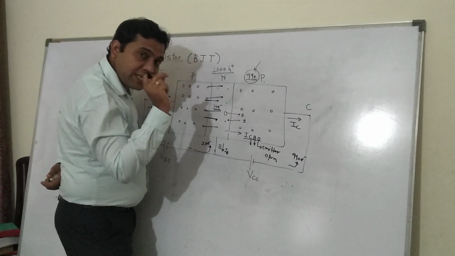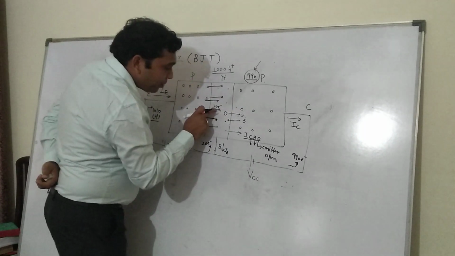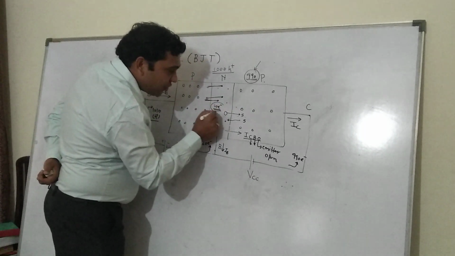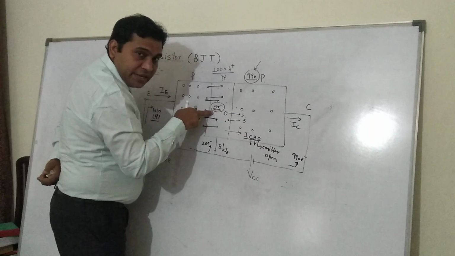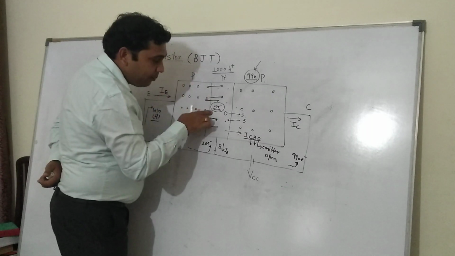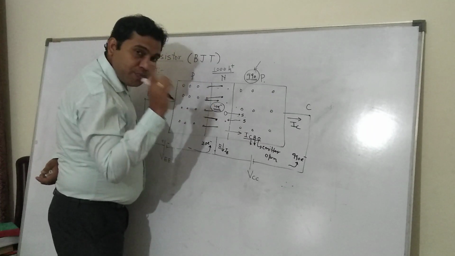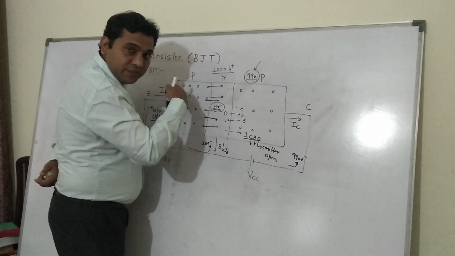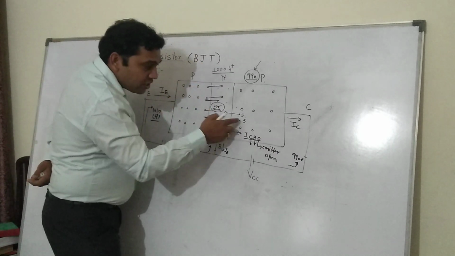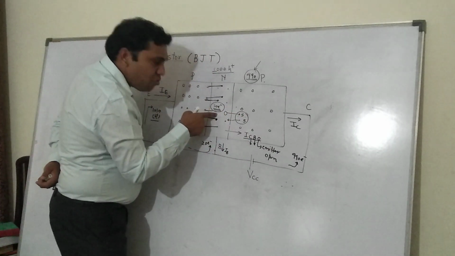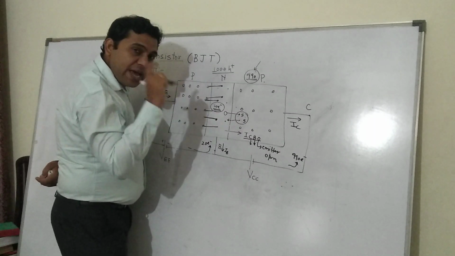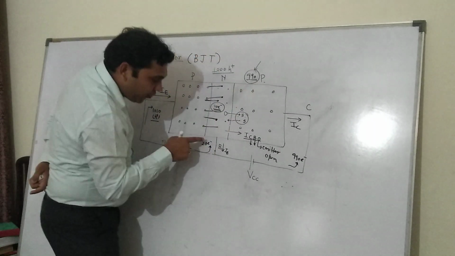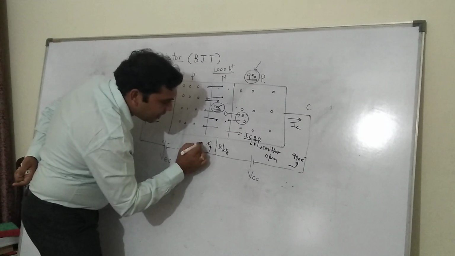Initially the electrons were reduced by 20 because of the earlier phenomenon. Now, because of this phenomenon, you have 10 more electrons here. So instead of 20, you require only 10 electrons.